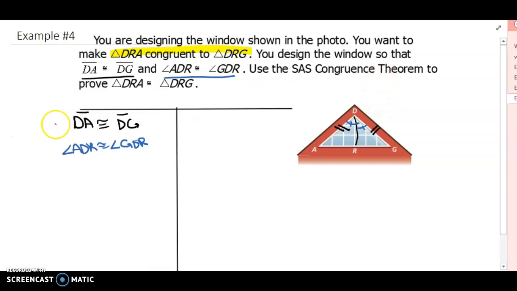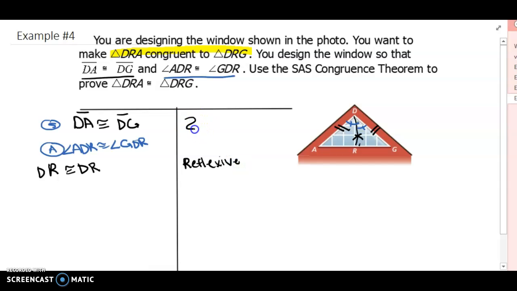Okay, well, I have a side, I have an angle, I need another side. But if I look at this, I see that both triangles contain this side right here, DR. So I'm going to use the reflexive property. DR is congruent to DR. It's reflexive.